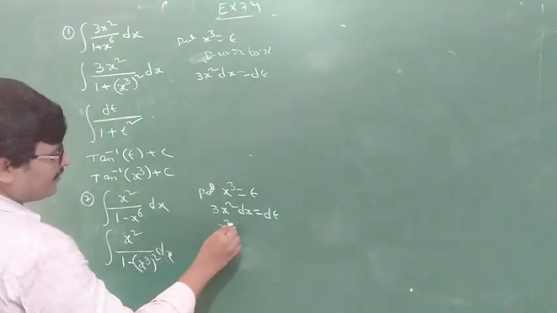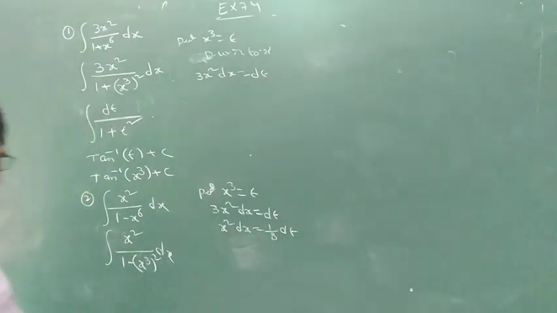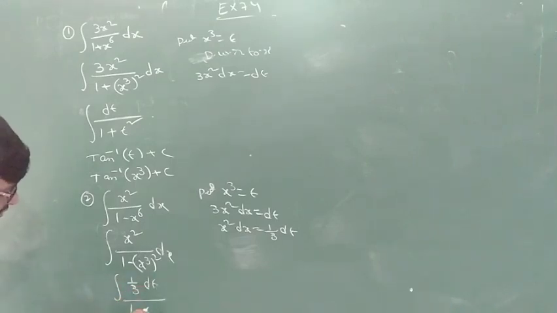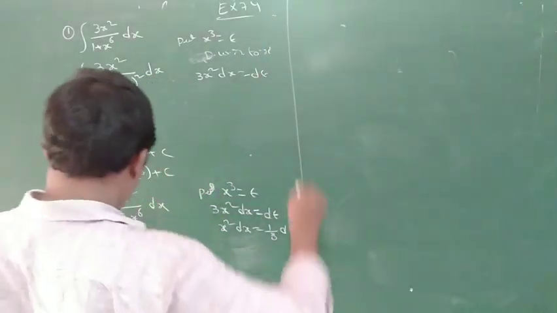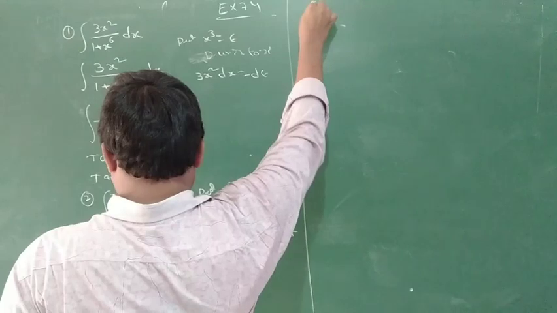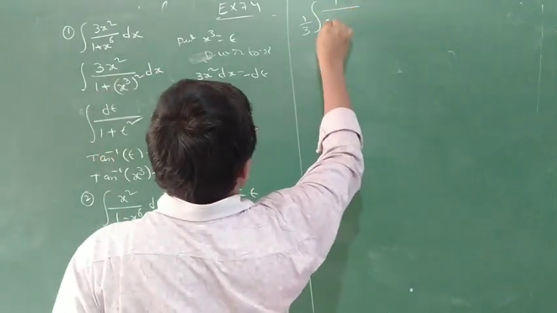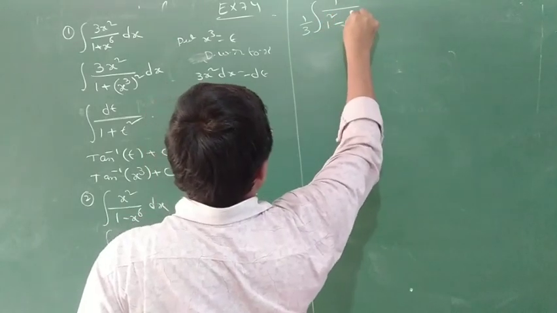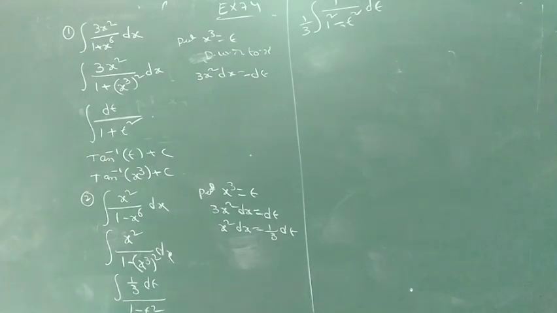So x square dx is equal to 1 by 3 dt. So that is equal to 1 by 3 dt by 1 minus t square. So integral, constant 1 by 3, into 1 by 1 square minus t square dt. Integral 1 by a square minus x square.